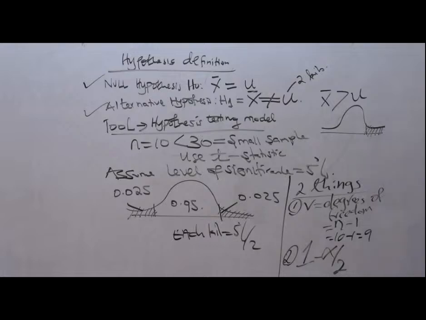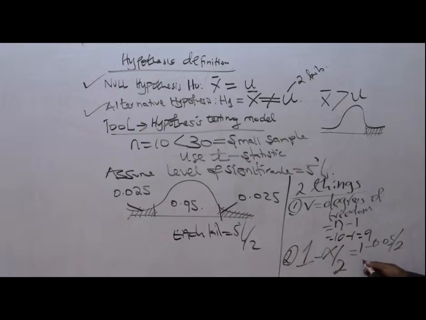So this will be 1 minus 0.05 over 2. Remember, this 2 is only cutting the level of significance. This is the second requirement that I need. To be able to read from my T table, I need two things: the degrees of freedom, and 1 minus alpha over 2. Could you kindly give me this 1 minus alpha over 2?